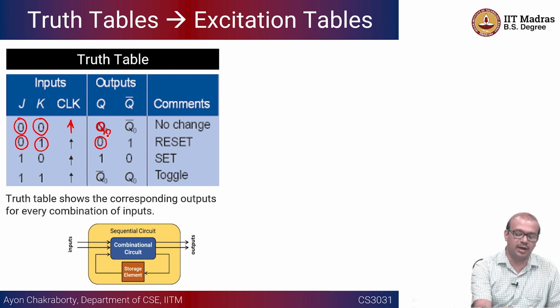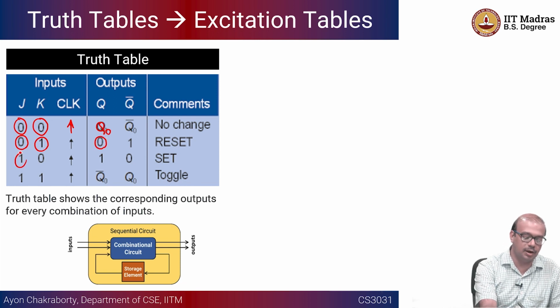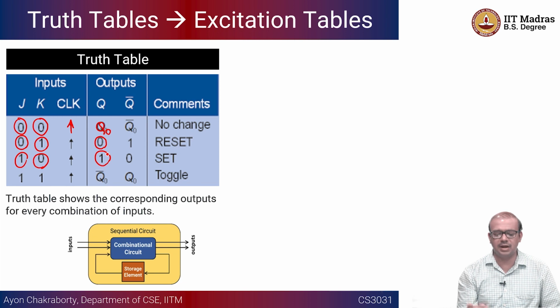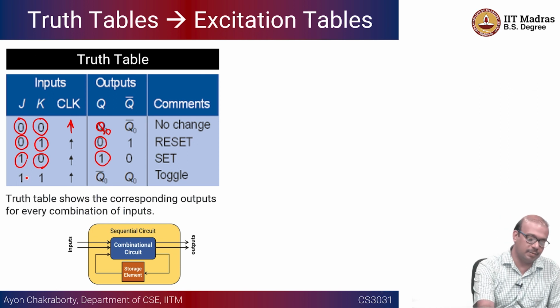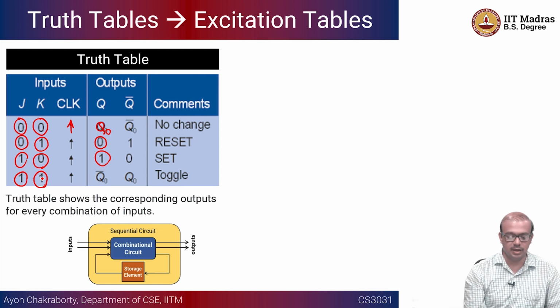Okay, and vice versa, right? So J equal to 1 and K equal to 0 is going to set the value of Q. Q and Q bar are complements of each other, that we already know. And the last one is the famous case. We have already discussed this in the state table diagram, if you remember earlier.